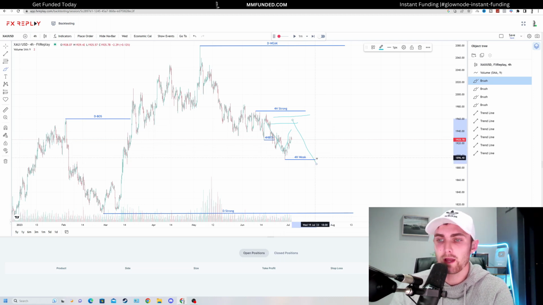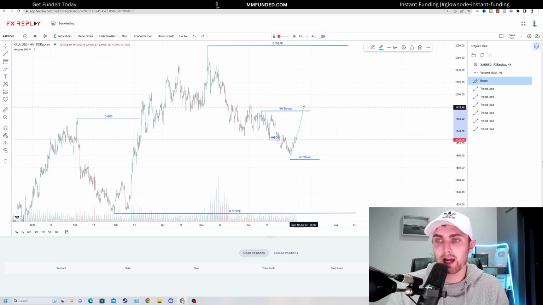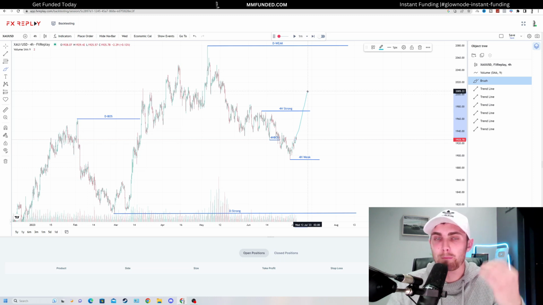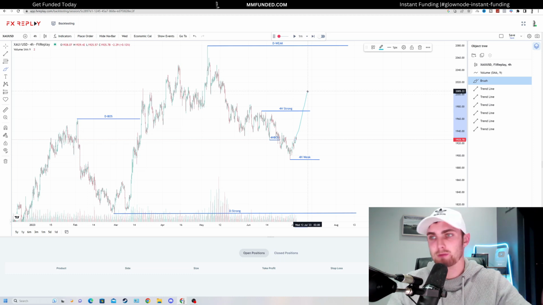But if we have a look at the daily time frame, we are currently in discounted areas of the daily swing range. So what we can expect is for price to take out that 4-hour strong high, because the higher the time frame, the more strength price has, the more money has been put into the markets, the more orders need to be collected on a higher time frame, because that's where the most money was pumped into the markets.